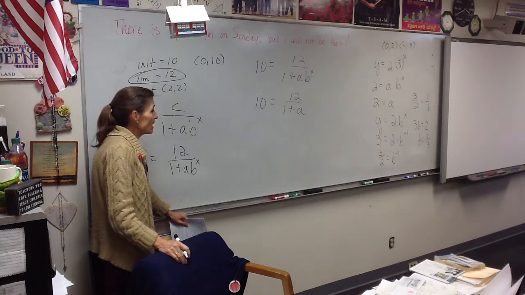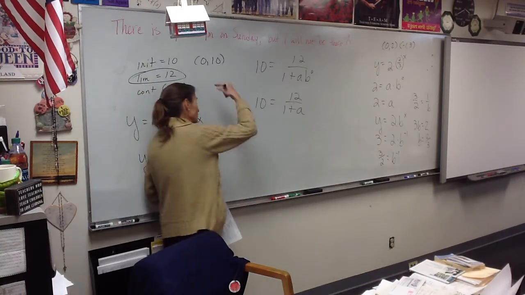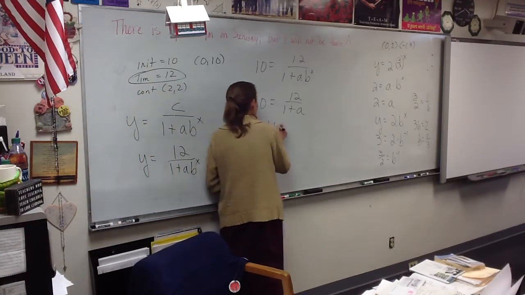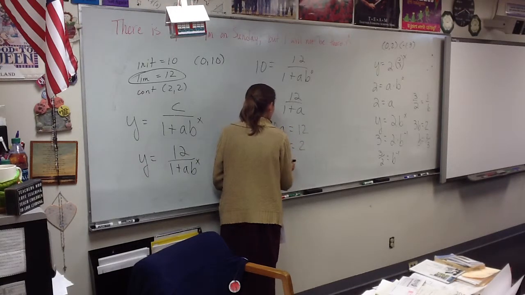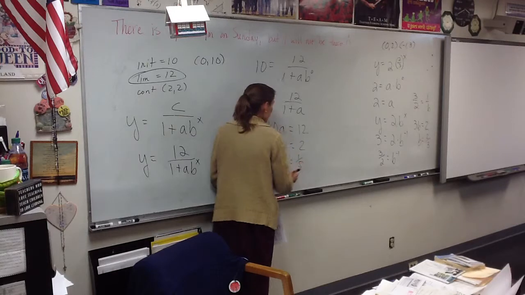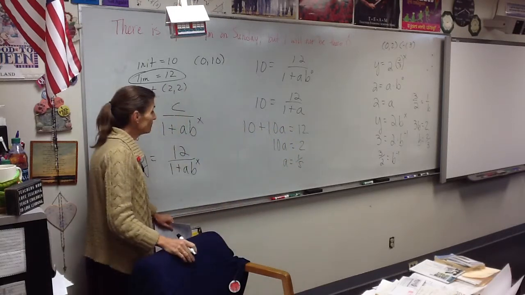So I basically just have this. How do I solve that? So 10 plus 10a equals 12. So 10a equals 2, and it looks like a equals 1/5.